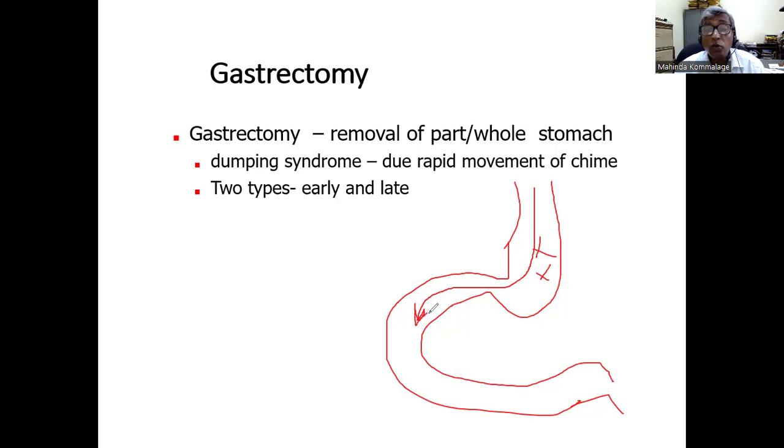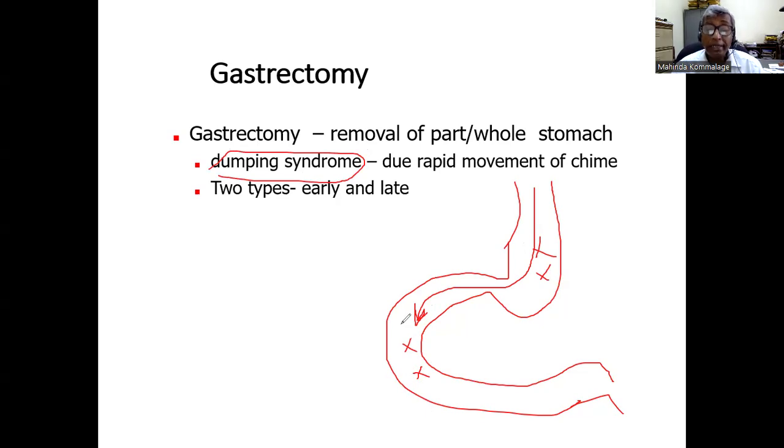So a large volume of food will come to the duodenum. Of course, the duodenum is not designed to handle a large volume of chyme or food, and we get the condition called dumping syndrome. So what happens if we get a large volume of chyme into the duodenum?